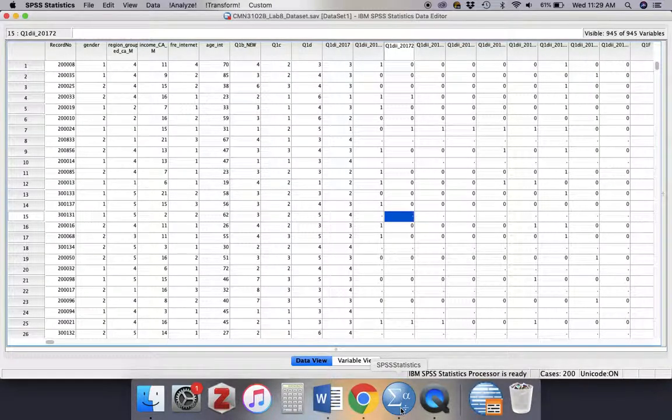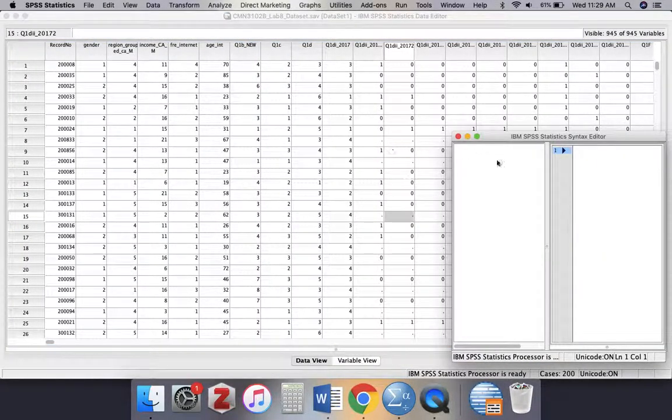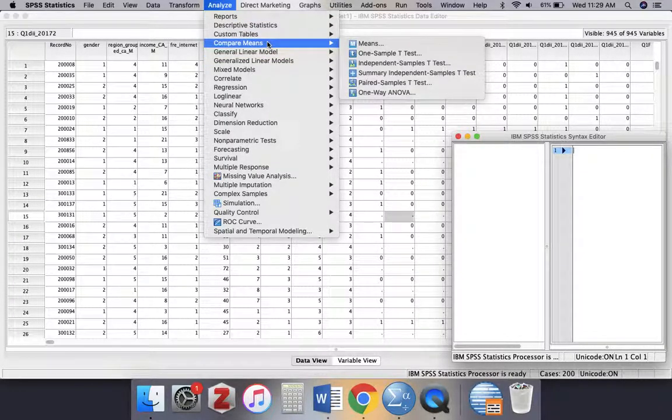So we'll open our data set here. Okay. So we're going to go into Analyze, Compare Means, which was the same drop-down tab that we used to run the t-test. And as you can see, the t-test options are here as well, but we're going to be running the one-way ANOVA.